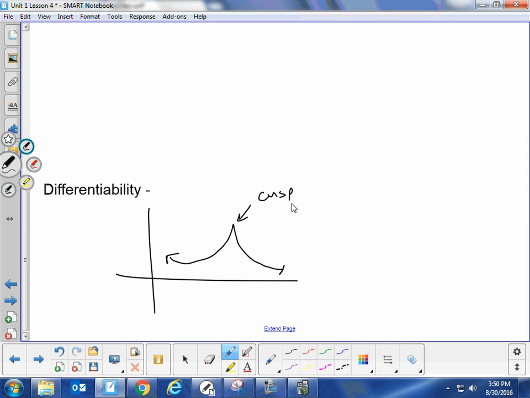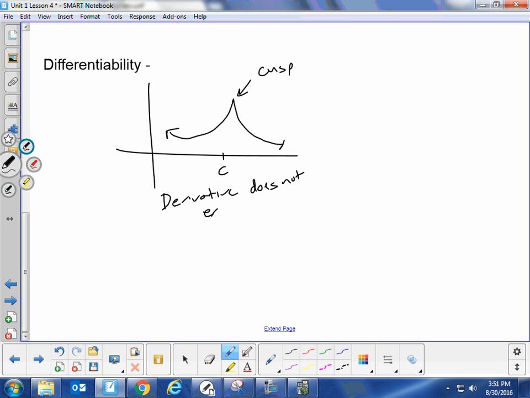The slopes from the left are all positive. The slopes from the right are all negative. So we would say at this location C, the derivative does not exist. Same with a sharp point.